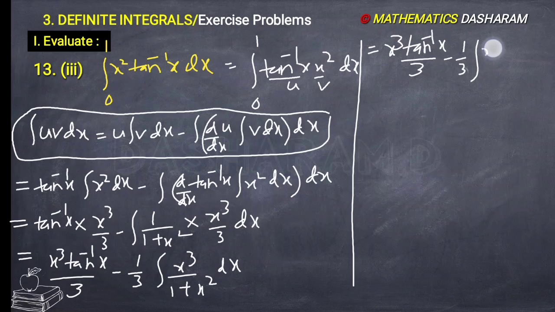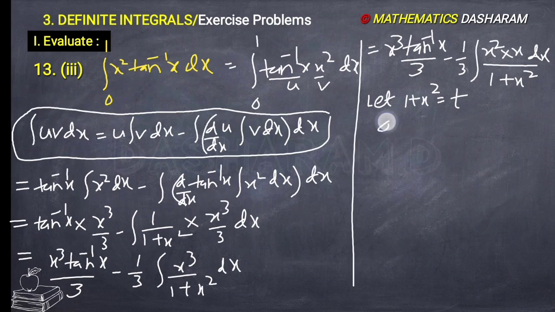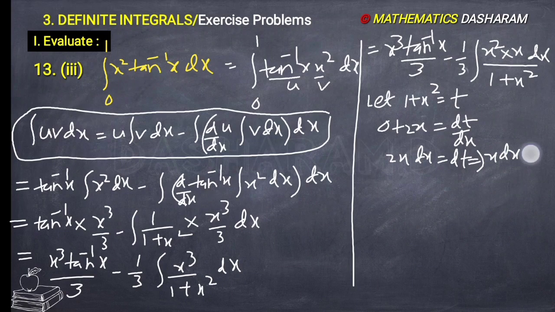Here x cube can be written as x square into x dx divided by 1 plus x square. Now let's select 1 plus x square equals to t and its derivative is 0 plus 2x equals dt by dx. So from this 2x dx equals dt, then x dx equals dt by 2. So let's substitute these values.